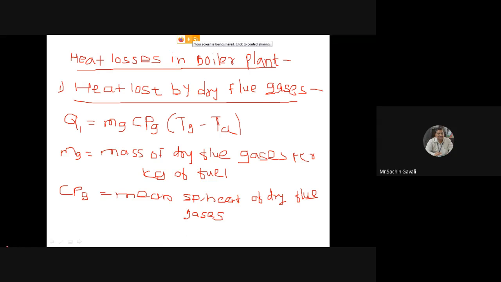Tg is the temperature of dry flue gases at chimney.